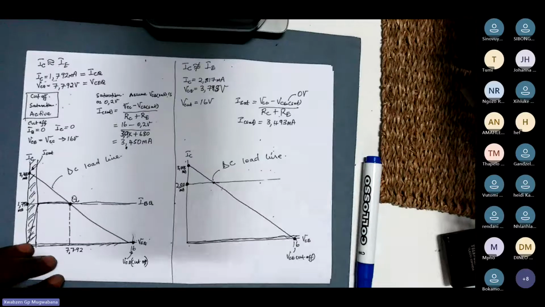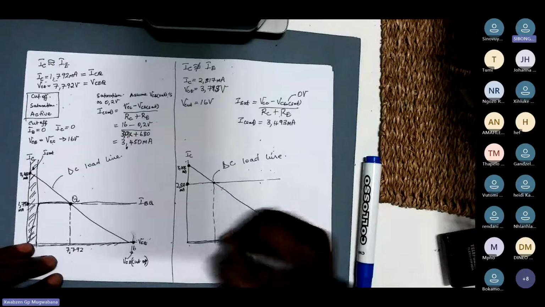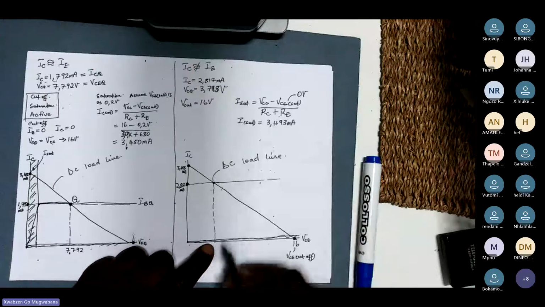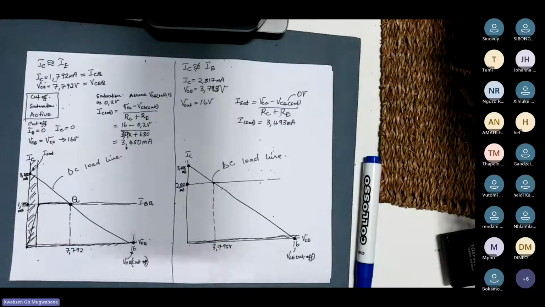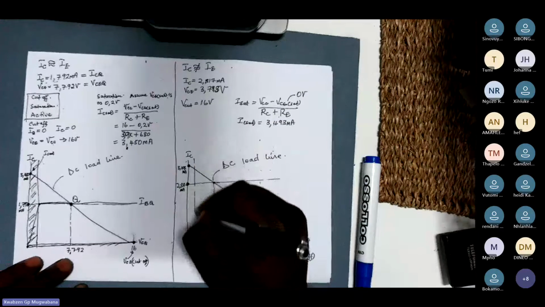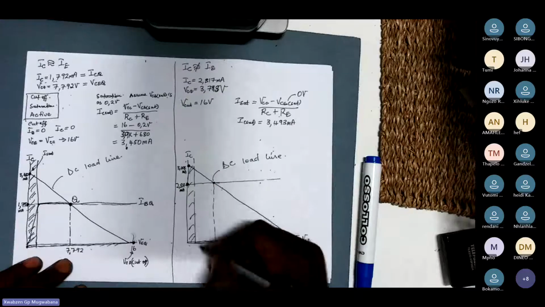Are we agreeing on that one? Then if I go down here, my VCE is going to cut somewhere here, which will be at 3,795 volts. Now, if I draw this correctly, that is my saturation region.